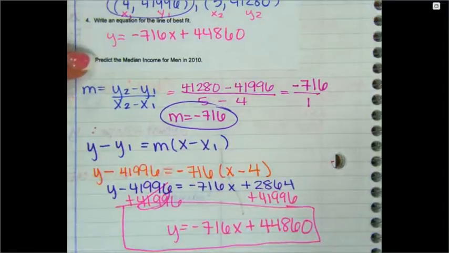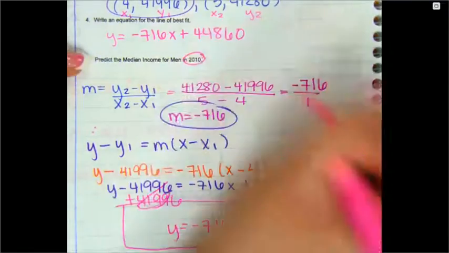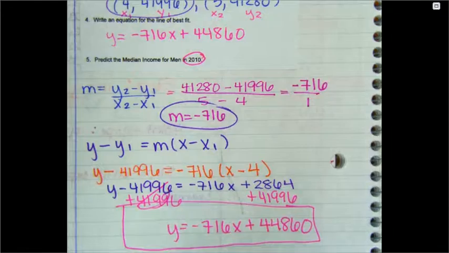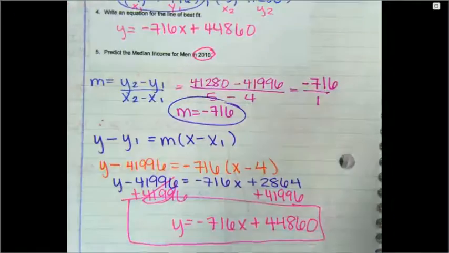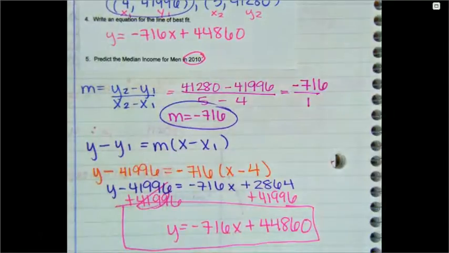Now it says predict the median income for men in year 2010. What year did we leave off on the other side? 2005 was year 9. So 2006 is year what? 10. So 2007 year 11. 2008, 2009, 2010.